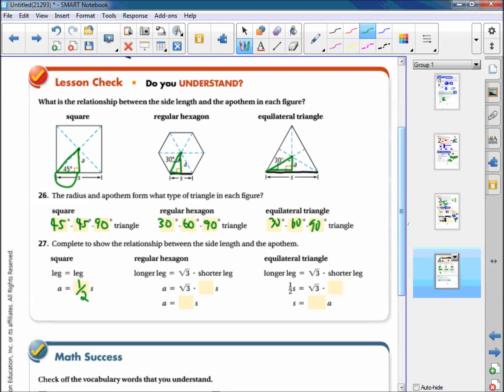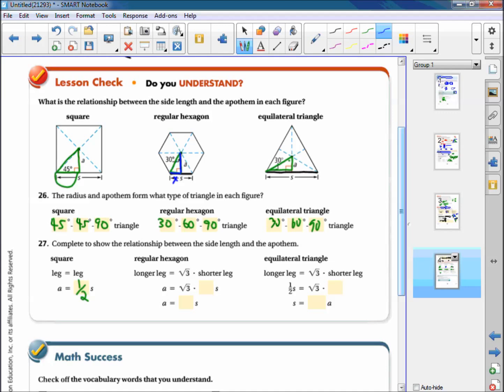In a hexagon, okay, we have a 30, 60, 90 triangle in there. And the 30 across is half of our side length. Okay, across from the 30 is half of the side length. So the small side is 1/2 of the side length. And then our apothem is the longer leg here.